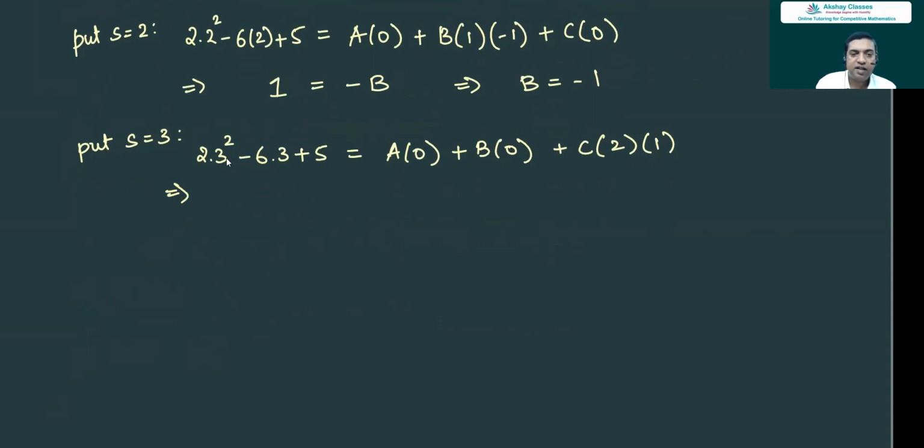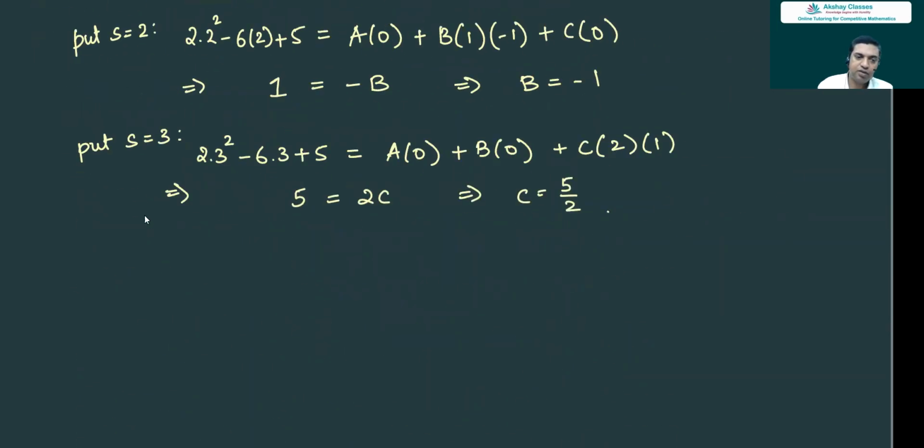Now, 9 2's 18, and this is also minus 18. So 18 and 18 cancel. You're left with 5. 5 is equal to 2c. C is equal to 5 upon 2.